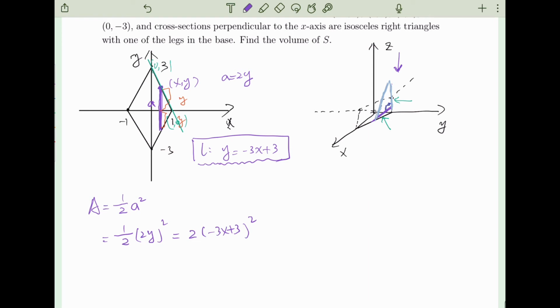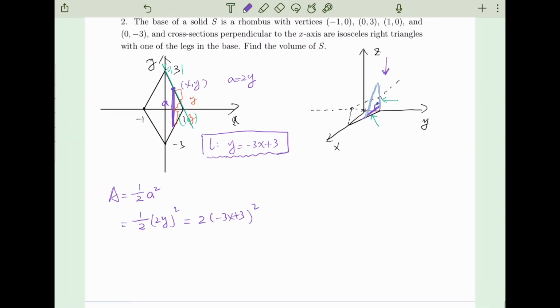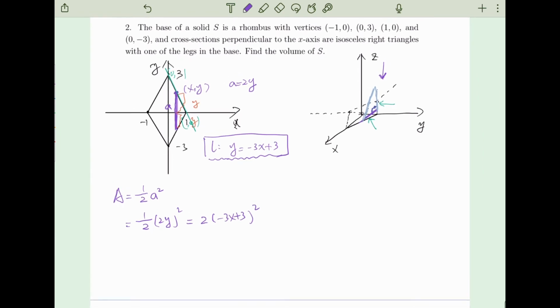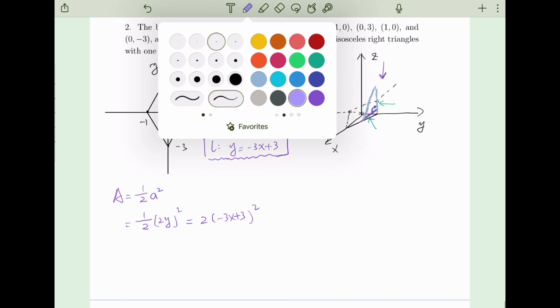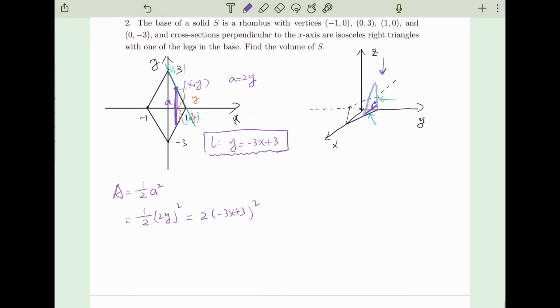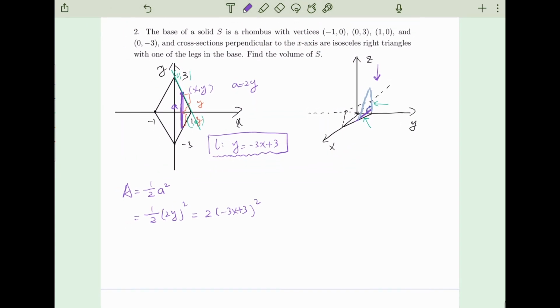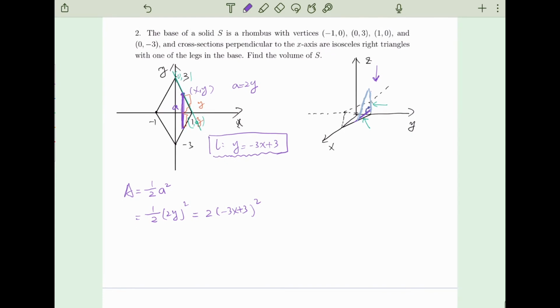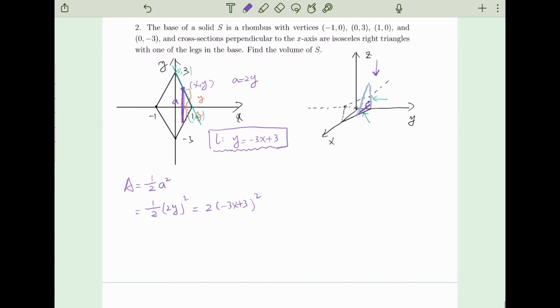Okay, so it becomes this one. Now this is our expression for the area in terms of x. And as I said, we need to do the integral, going from left to right in this way, so we can add up all the pieces of the triangles, add up their areas, and it becomes the volume.